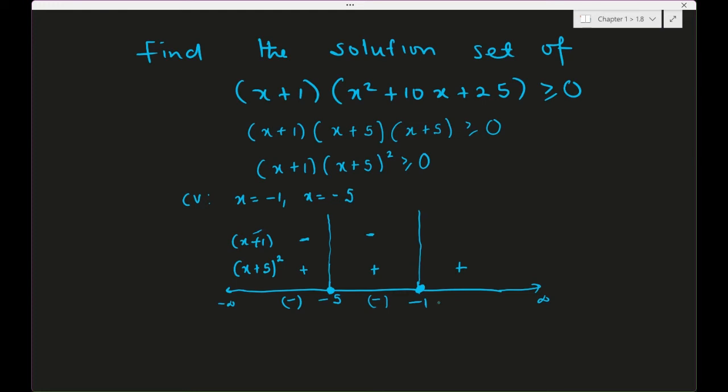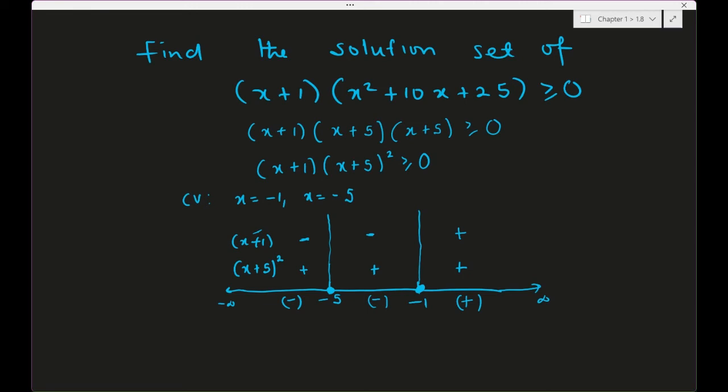Okay, then finally, we take any number above minus 1, say 0. If you put 0 here, you will have this to be positive as well. So this will give us positive.